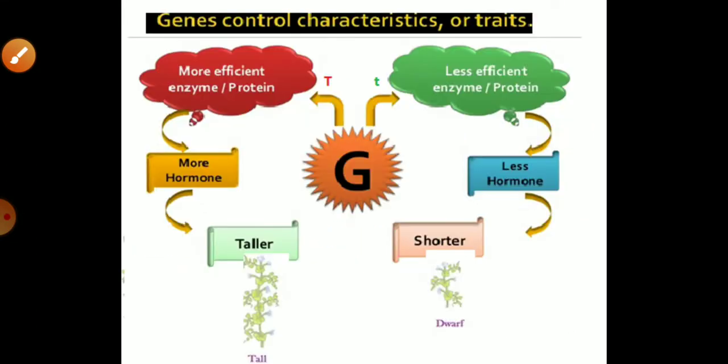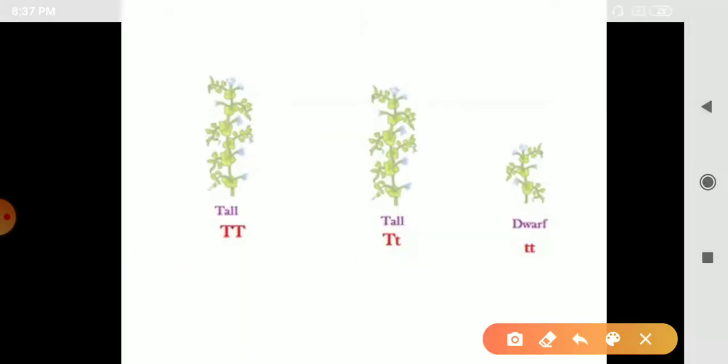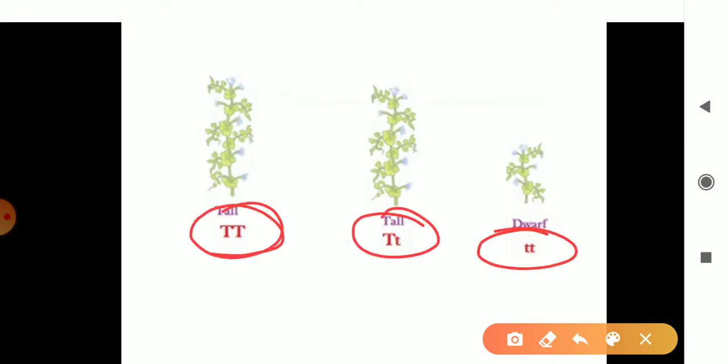So what we had discussed is that an individual can have three types of genotypes for the case of height. It can either be that the individual has two factors for tallness, or a factor for tallness and a factor for dwarfness, or two factors for shortness.